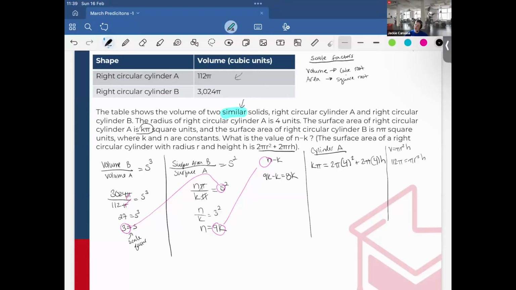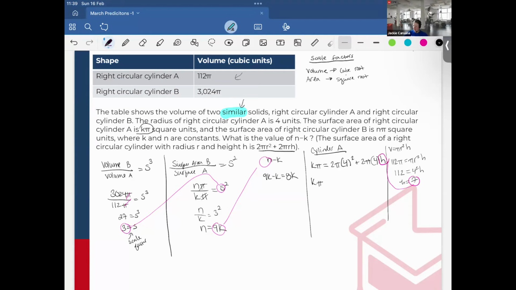So I'll get that 112 is equal to r squared, which is 4 squared, h. So basically 16, and then h is equal to 7. Okay, so now I know the height.